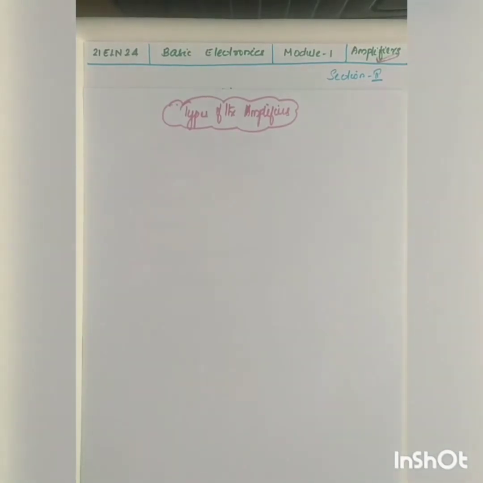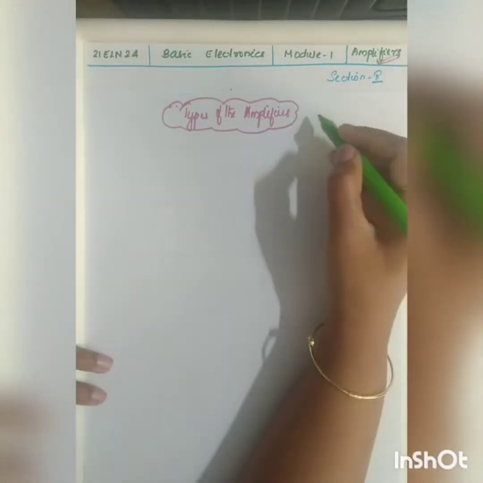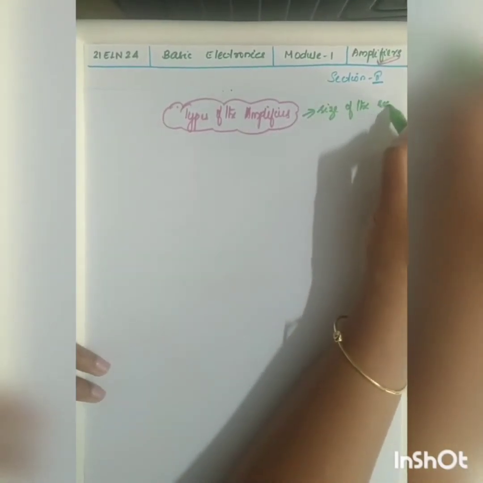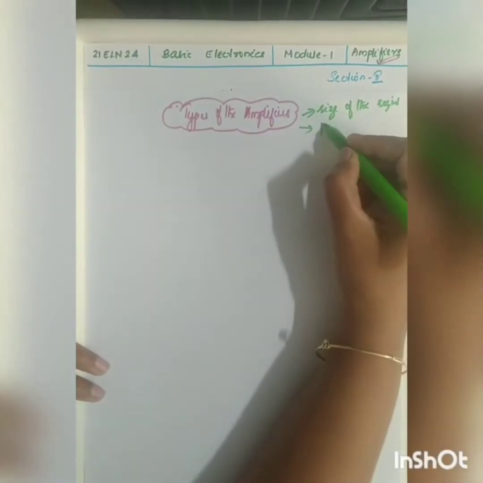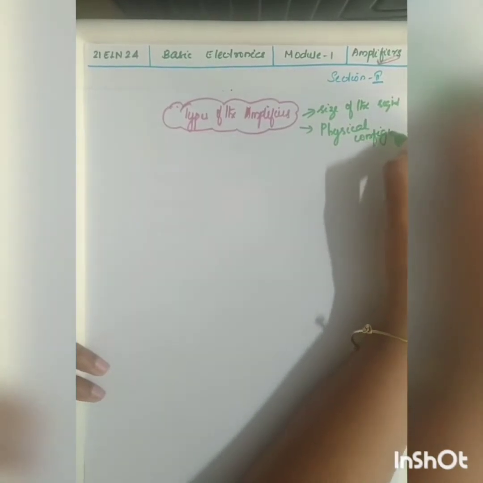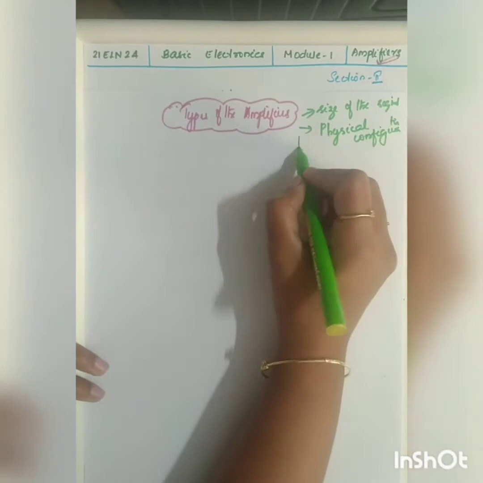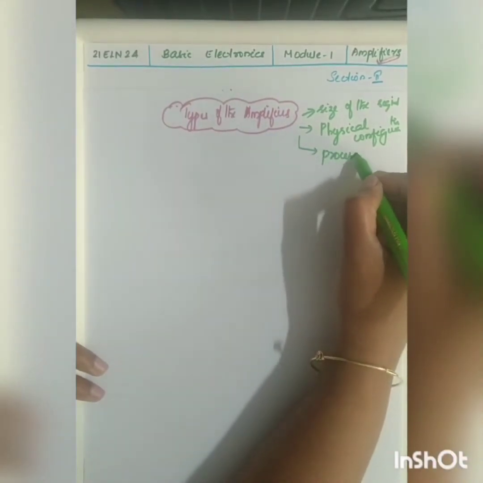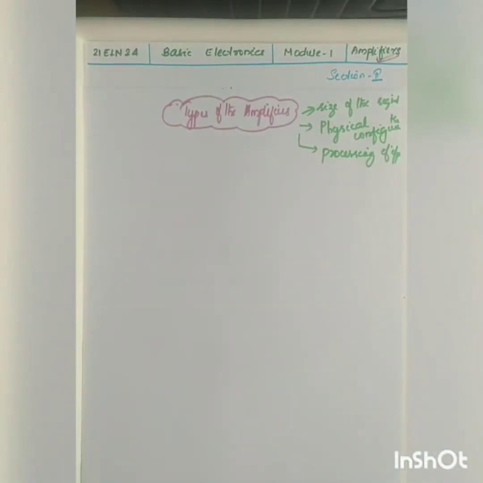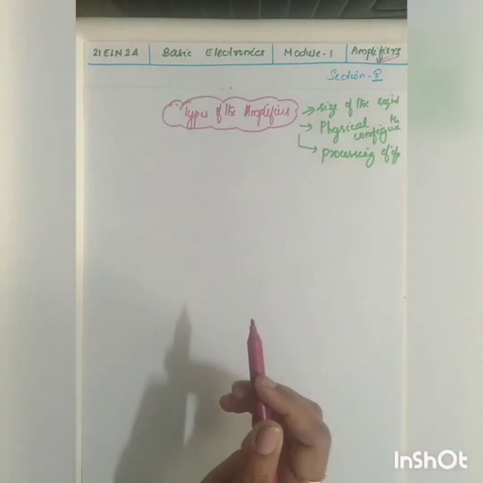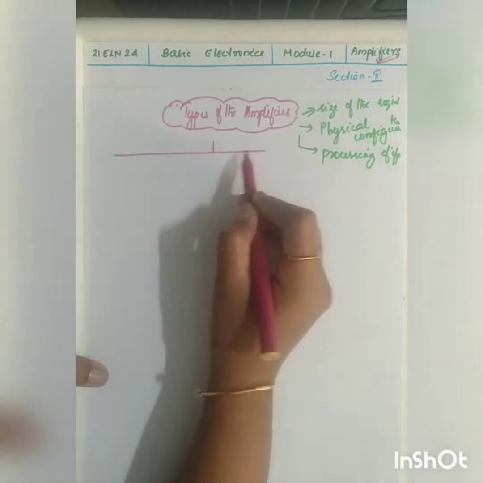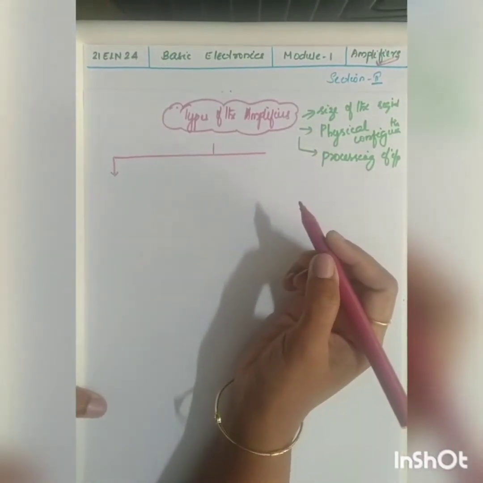Amplifiers can be classified based on the size of the signal, second by means of physical configuration, and third the way in which it processes the inputs. So these are some factors by which amplifiers are classified.